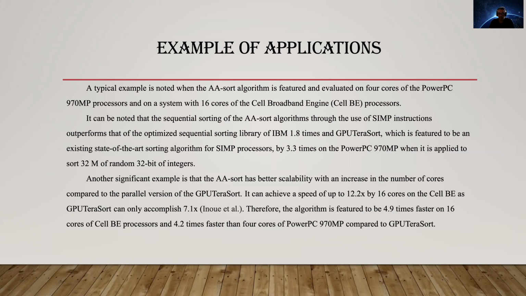Therefore, the algorithm is featured to be 4.9 times faster on 16 cores of the Cell B processor and 4.2 times faster on 4 cores of PowerPC 970 MP compared to GPU TeraSort.